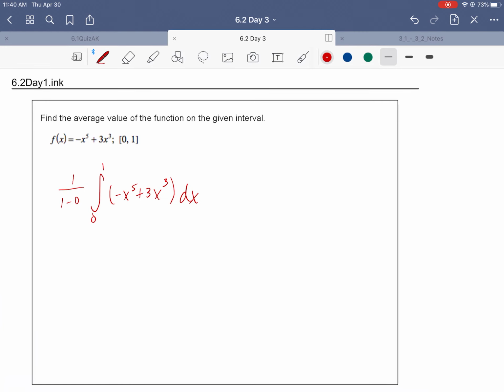Hello. 0.58. The only reason I'm not putting that 1 over b minus a in the calculator is because the last two problems just turned out to be 1 over 1.